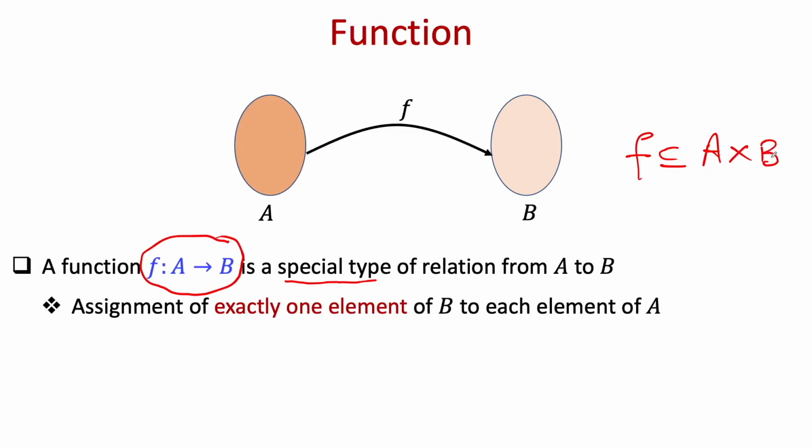Now this is a special type of relation. The speciality here is that each element of the set A is assigned exactly one element of the set B. So in terms of ordered pairs, if I consider this function f, then each element small a belonging to the set A will appear in exactly one of the ordered pairs in the relation corresponding to this function f, and this holds for every element small a from the set A. None of the elements small a will be missing.